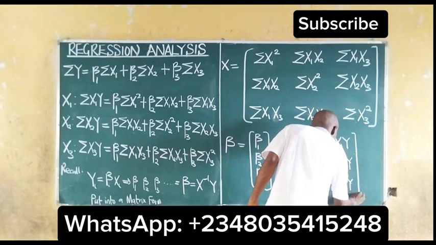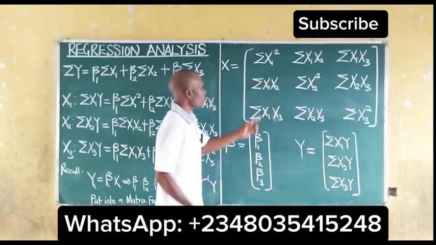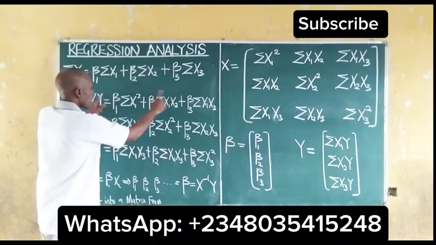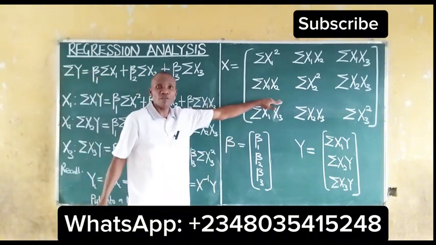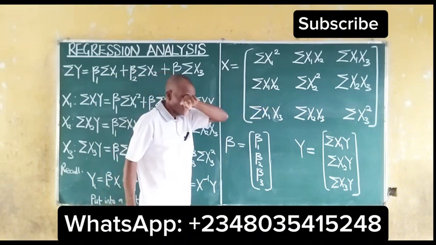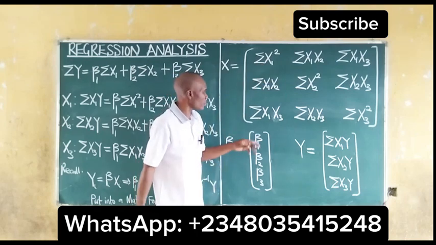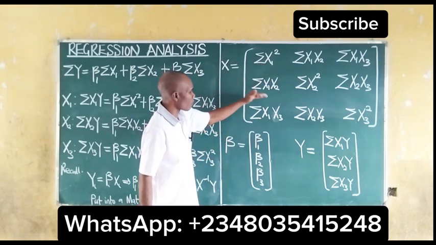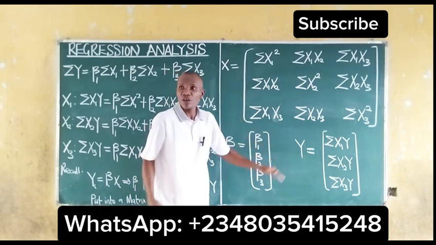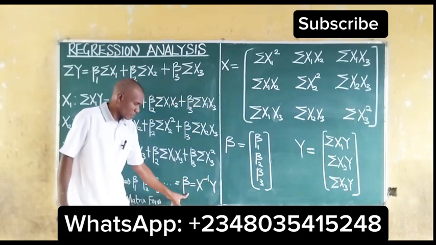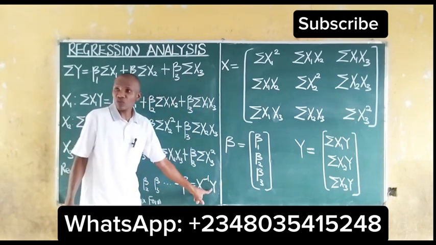So this is simply how we can put it into a matrix form. How do you also compute this is the next thing we'll talk about. So we succeeded in putting them into a matrix form. Of course, we note that our B now is equal to x inverse y.